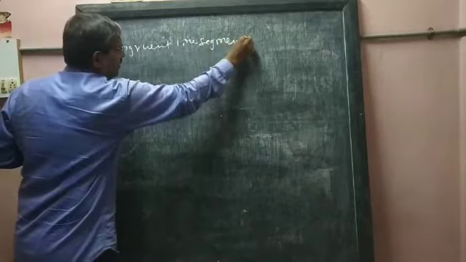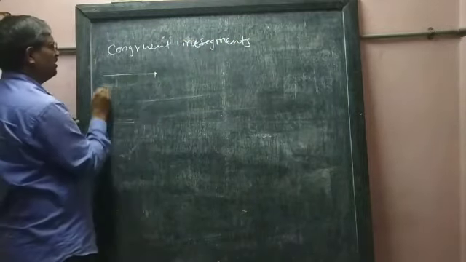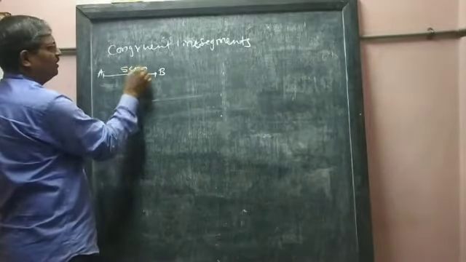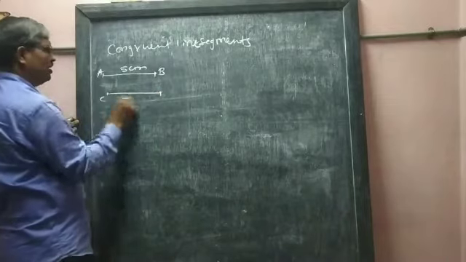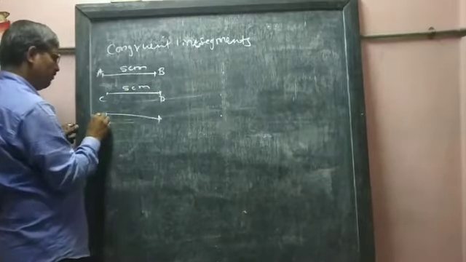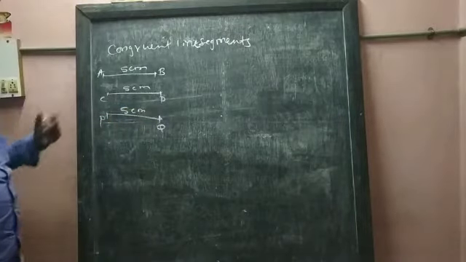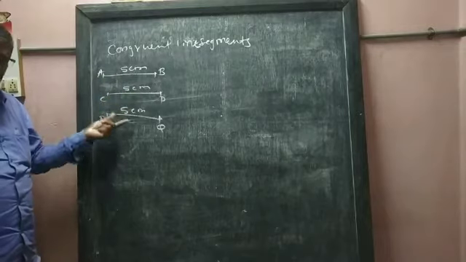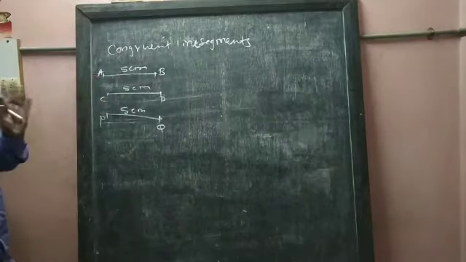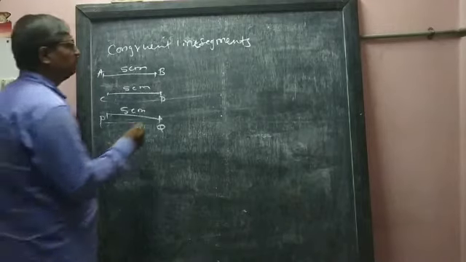Suppose here we take an example: AB, here CD, this is also 5 centimeter, here PQ, this is also 5 centimeter. If all these line segments have equal length, then these line segments are called congruent line segments.